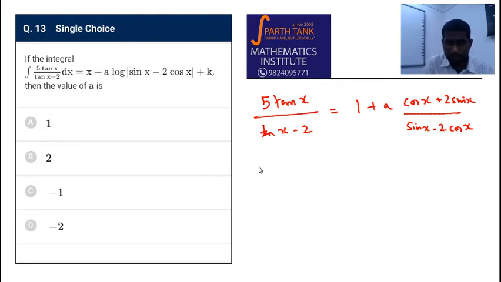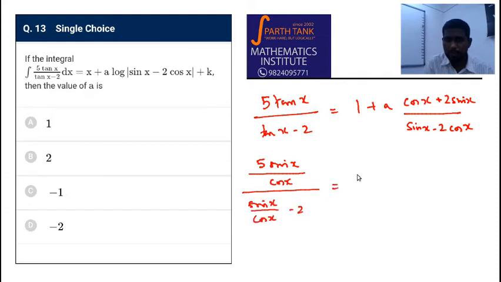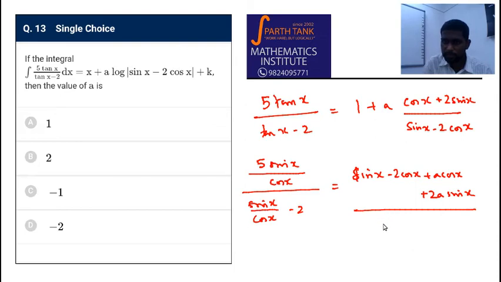What happens here is 5 sin x by cos x, divided by sin x by cos x minus 2, is equal to 1 plus a times (cos x plus 2 sin x) by (sin x minus 2 cos x). Let's take LCM: sin x minus 2 cos x plus a cos x plus 2a sin x, the whole thing divided by sin x minus 2 cos x.